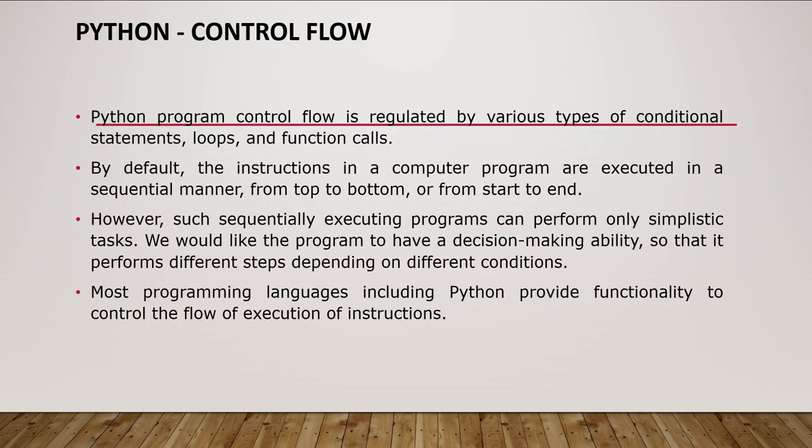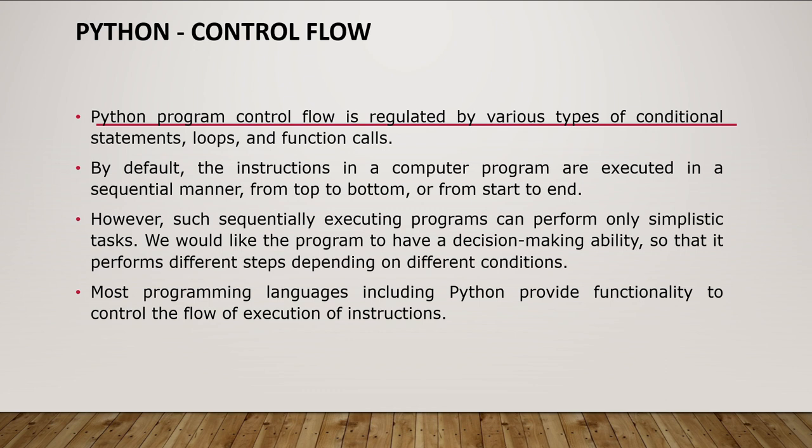So when we talk about control flow, every code which you write, the statements or expressions written in it are executed in a sequential manner, which means they will be executed from top to bottom or from start to end.